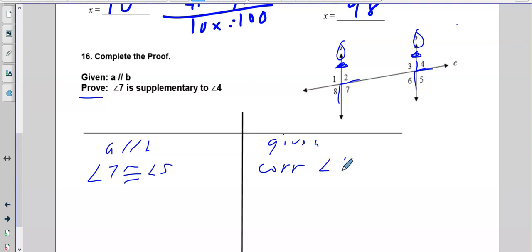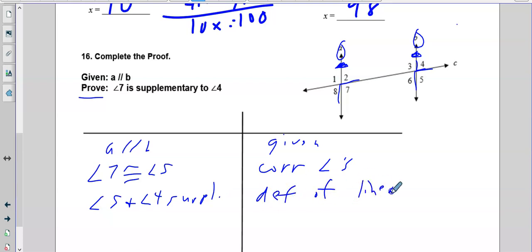Okay? We know that angle 5 and angle 4 are supplementary. And we say that's because of the definition of linear pairs. Angle 4 and 5 form a straight line, so therefore 4 and 5 are supplementary.